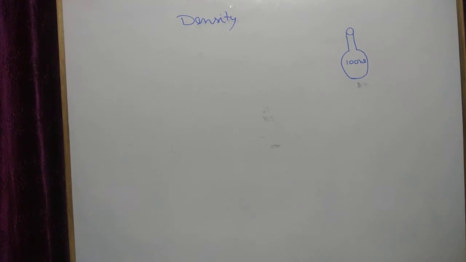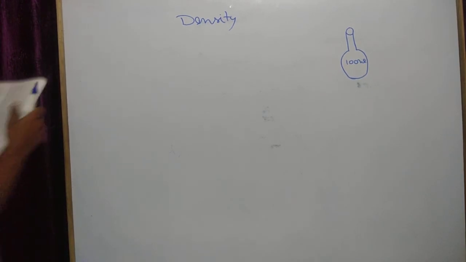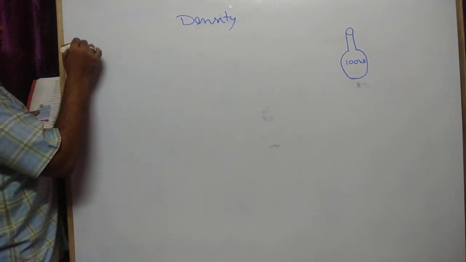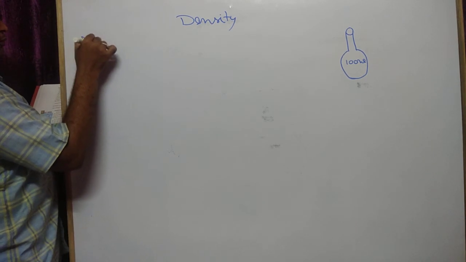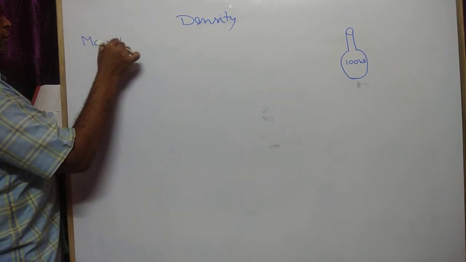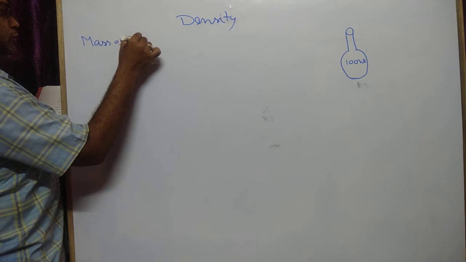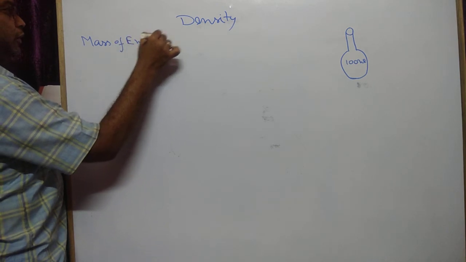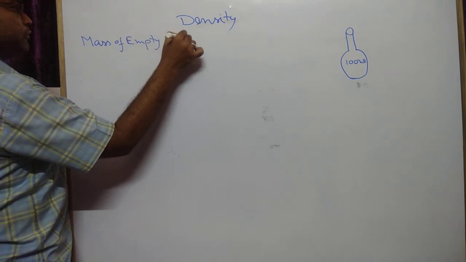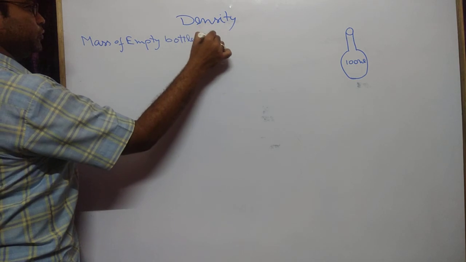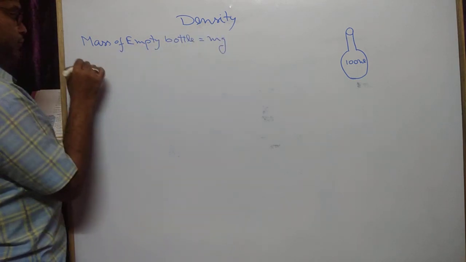Now see the reduction part. Mass of empty bottle equals m gram.